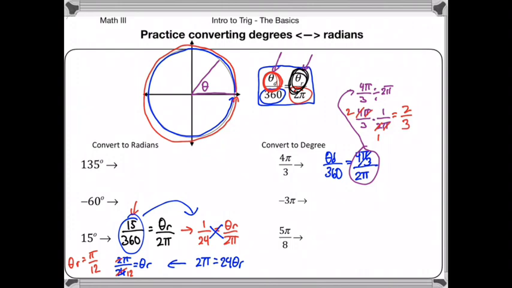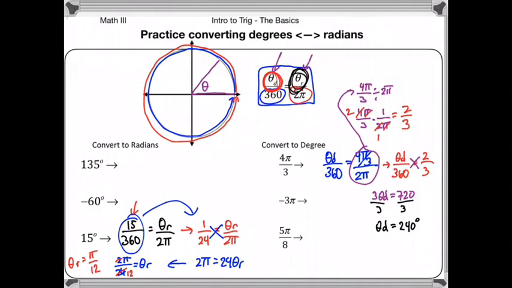And so I can rewrite this as theta d over 360 equals 2/3. Now I cross multiply. So I end up with 3 theta d equals 2 times 360, which is 720. And then divide each side by 3 to get theta d equals 240 degrees.